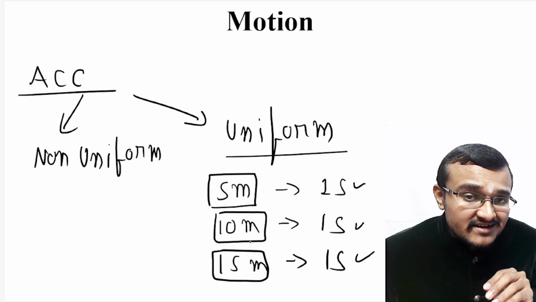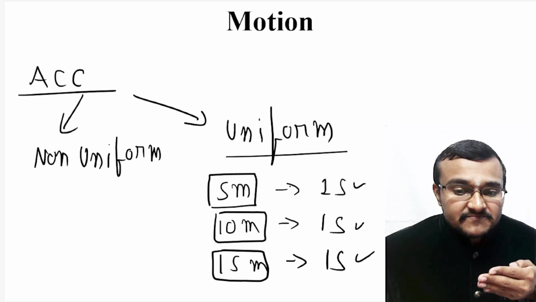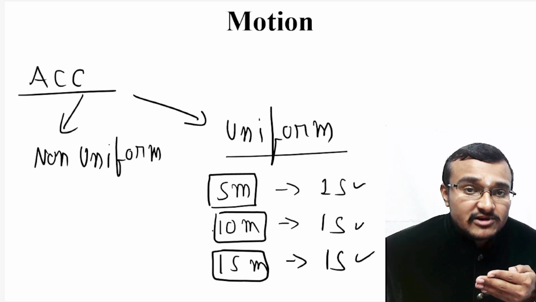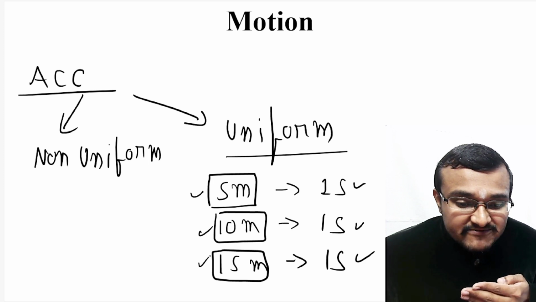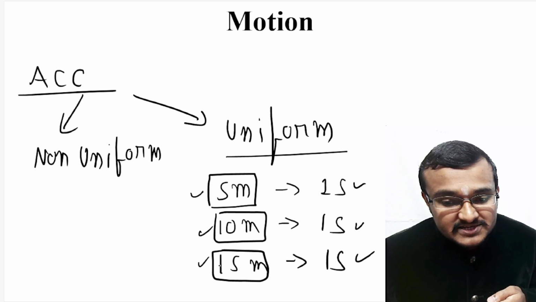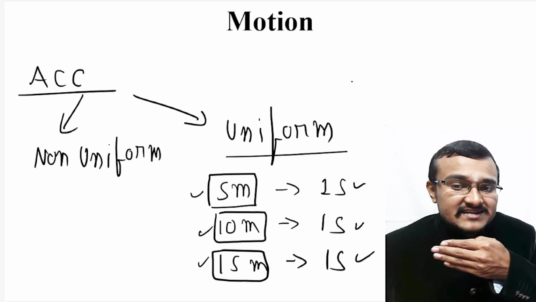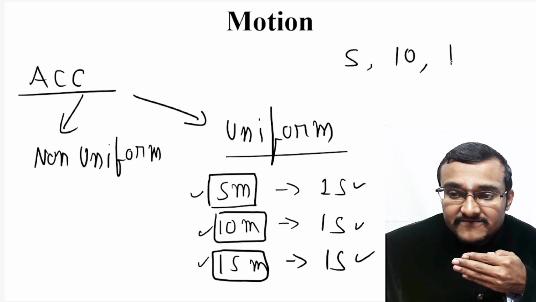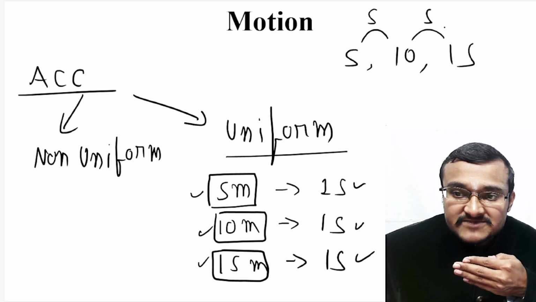So that means the velocity is constantly increasing. Here 5 meter per second is the velocity. Here 10 meter per second is the velocity. Here 15 meter per second is the velocity. So velocity is constantly increasing, that is 5, 10, 15. The difference between 5 and 10 is 5, and the difference between 10 and 15 is 5.